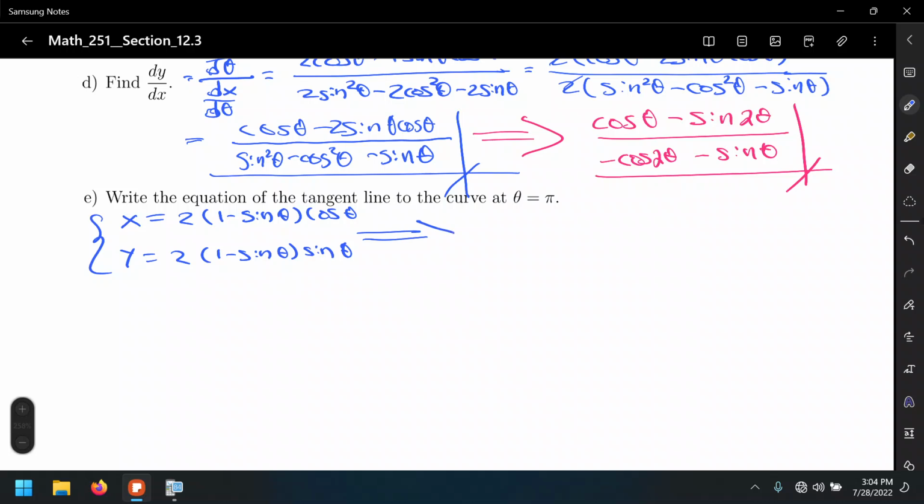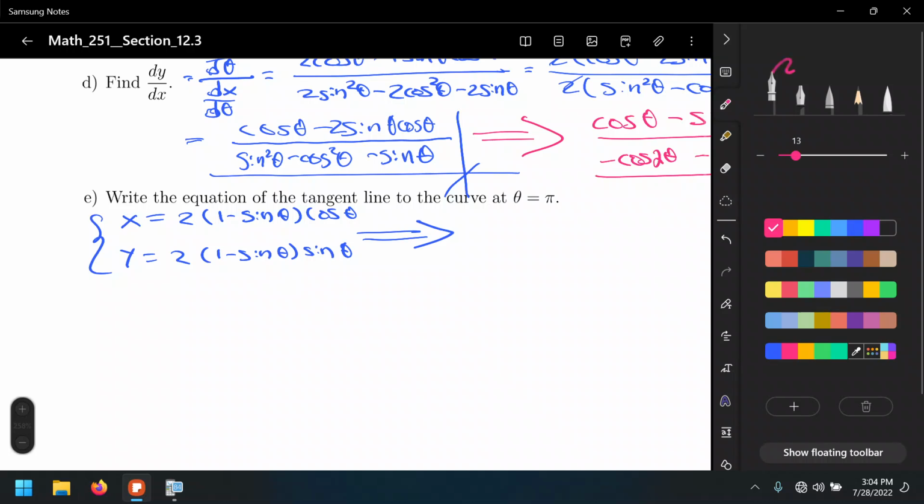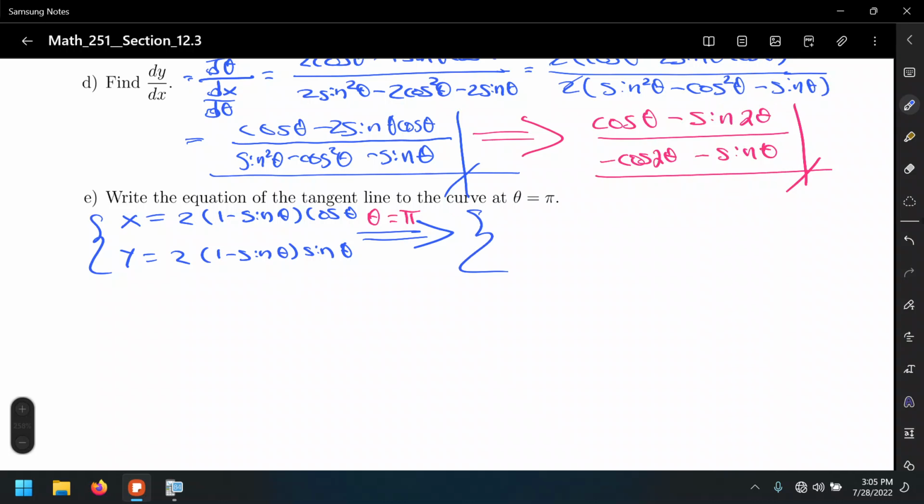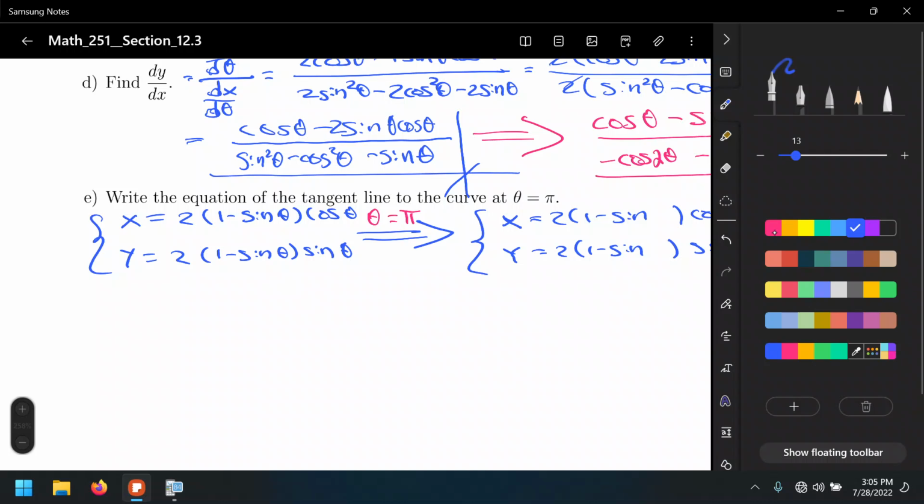We are going to evaluate this at theta equals pi, and x equals 2 times 1 minus sine pi, well, I'm going to write it with a different color soon, cosine pi, and y equals 2 times 1 minus sine pi times sine pi.